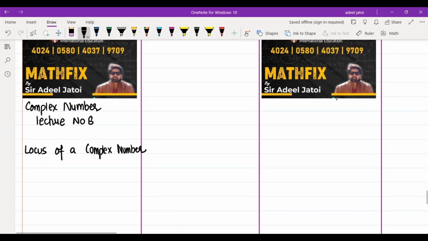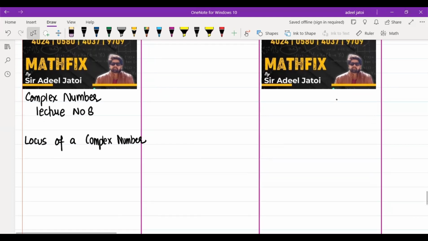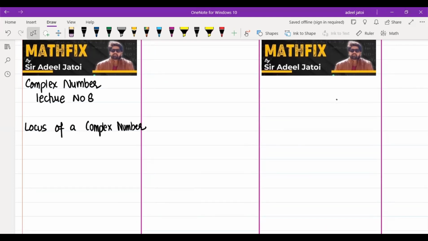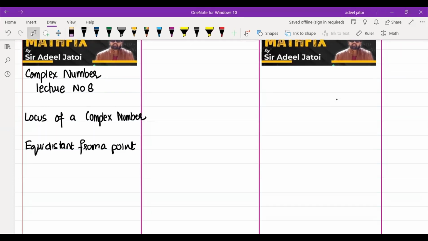We need to understand something. If it says equidistant from a point, what does equidistance from a point mean?